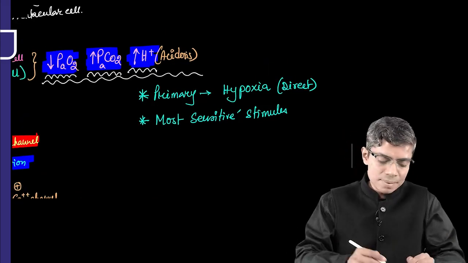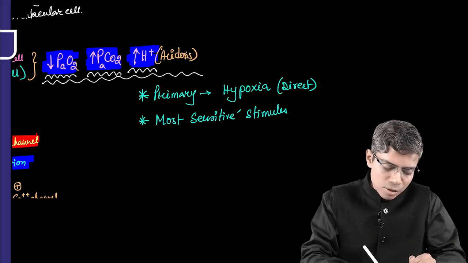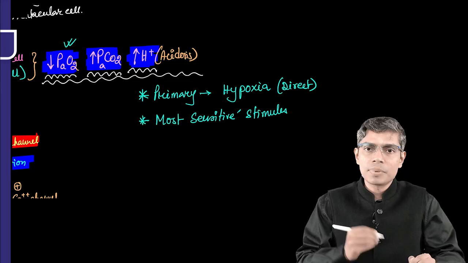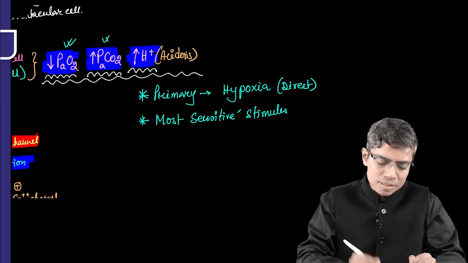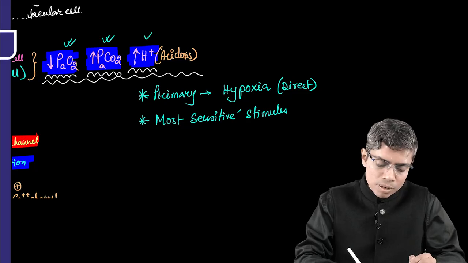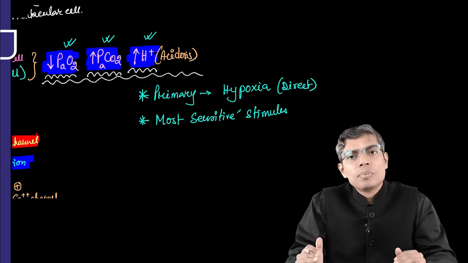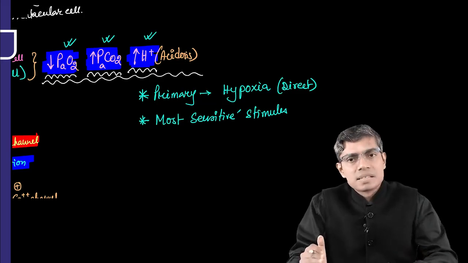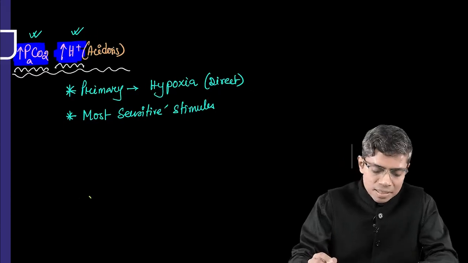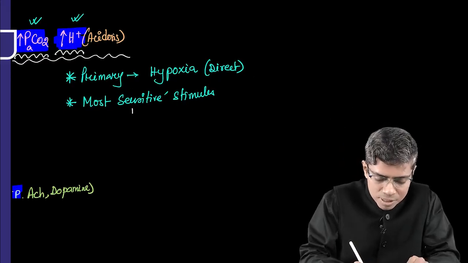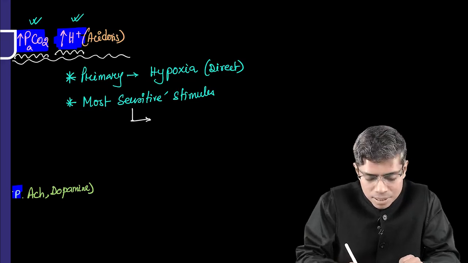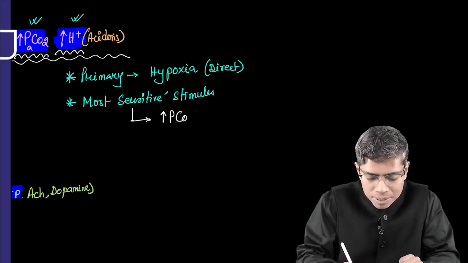Most sensitive means if I change oxygen by 1%, carbon dioxide by 1%, and H plus ion by 1%, which one is going to stimulate more? That is the sensitivity, right? It is clearly written in the book that the most sensitive stimulus for peripheral chemoreceptor is hypercapnia, right?